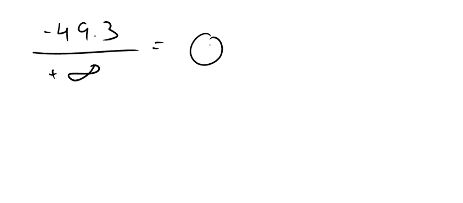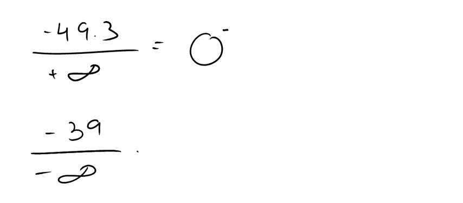But negative over positive is negative, so I have this. It almost doesn't fit in at all, with a negative sign. And if I have negative 39 over negative infinity, what happens? Same thing. The answer is almost 0, and negative over negative is positive. So the answer is 0 plus.